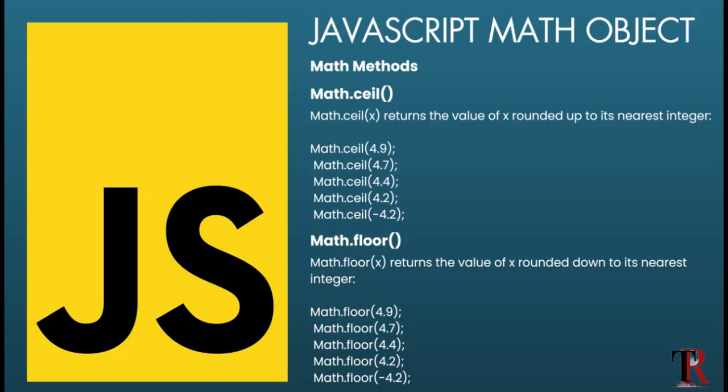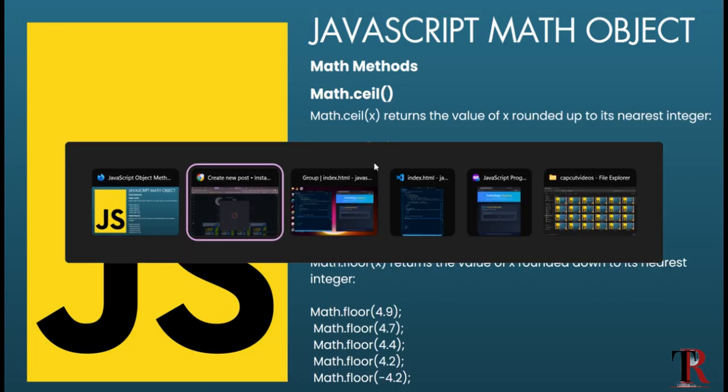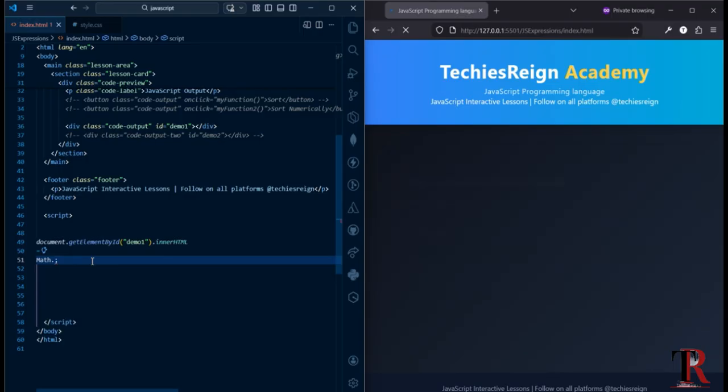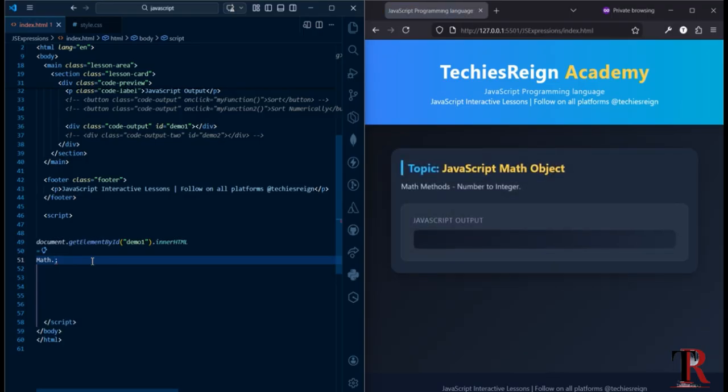So without further ado, let's look at what this will do in our code editor and how it will attempt to round up each of these numbers to its nearest integer. The first one is 4.9. I'll employ the method I used in the previous video by just passing the data to the method inside this piece.